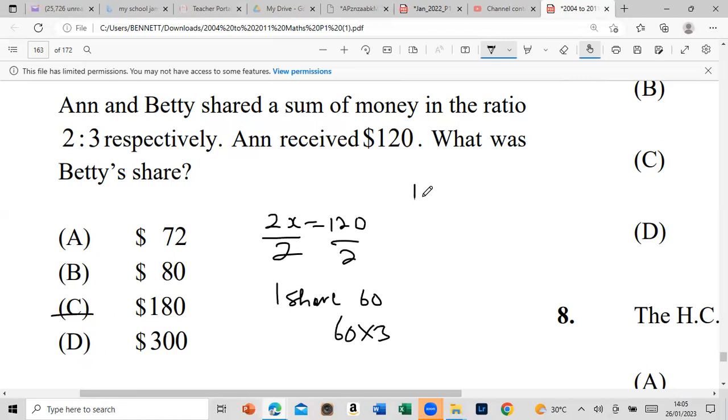And if we break this down, divide by 60, we get 2 to 3, right? And that's what ratio is. When I break it down to the simplest terms, it's supposed to give the same.